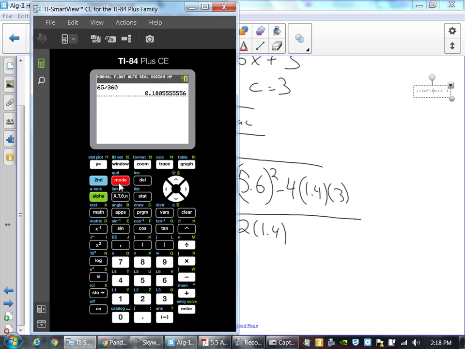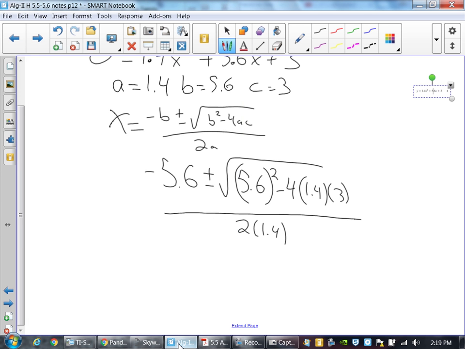So let's see here. That's why I said you can't do it all at once. There's my discriminant, 14.56. Okay? So I would just rewrite my formula. It's negative 5.6 plus or minus the square root of 14.56 all over 2.8.